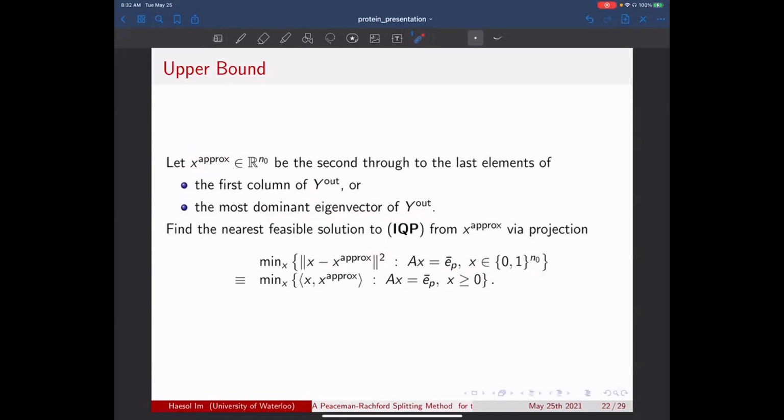Then what we can also show, because of the constraint, is that this QP is in fact an LP. And in order to get an upper bound, we don't even have to solve an LP. What we do in the code is we partition this vector x-approx, and in each partition, we're just picking the smallest value. What I mean to say here is that it's very, very cheap.